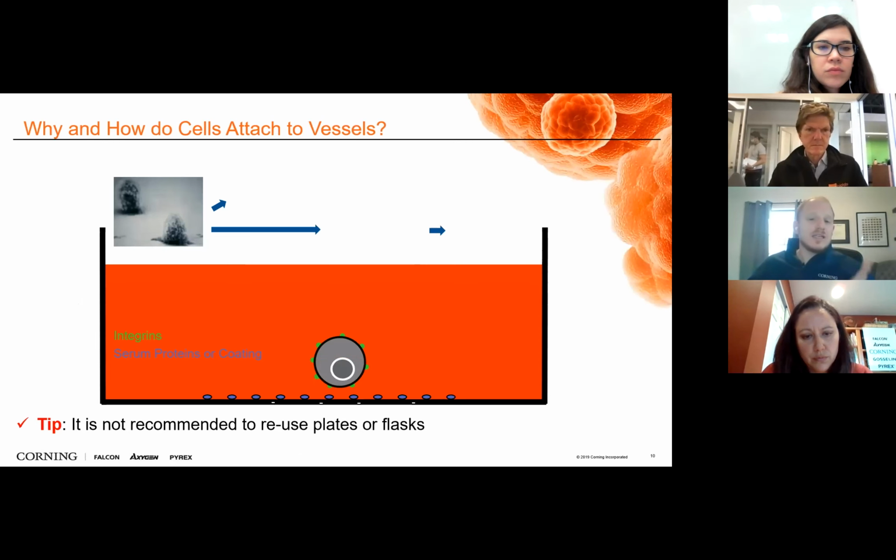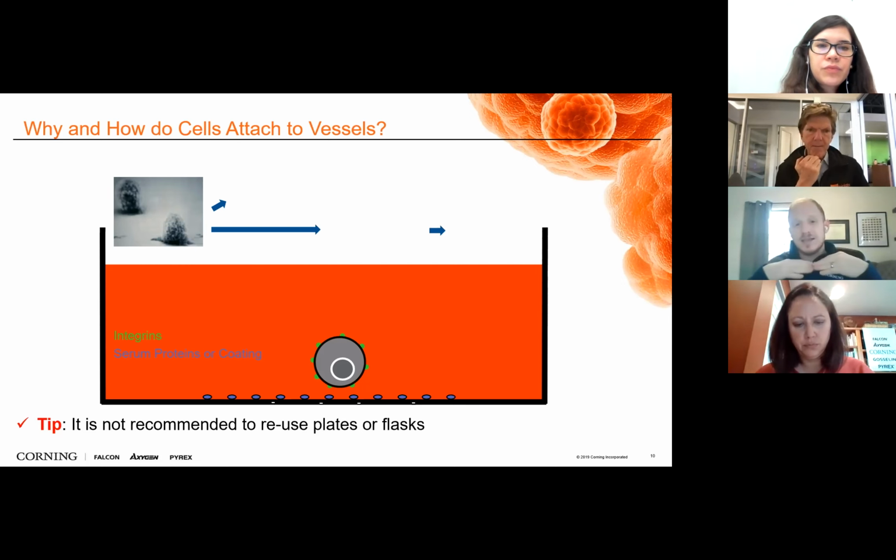So how do cells actually adhere to the surface though? Because the cells themselves are not actually directly adhering to the polystyrene plastic via that charge. They're actually adhering via either serum proteins or proteins that have been coated on that tissue culture vessel. And so that's one of the main reasons why serum FBS is often used in tissue culture, besides the fact that it provides many of the growth factors and nutrients.